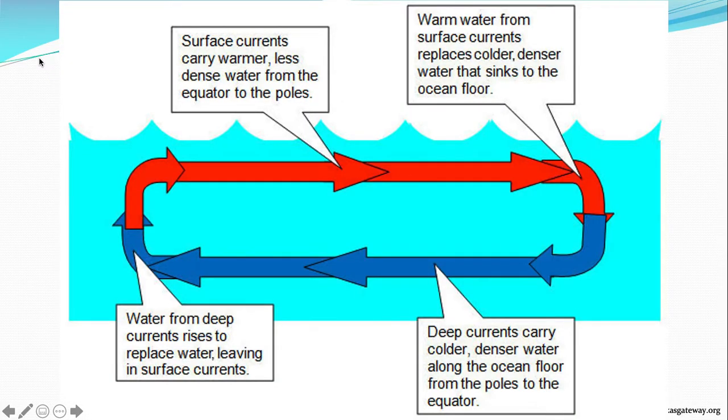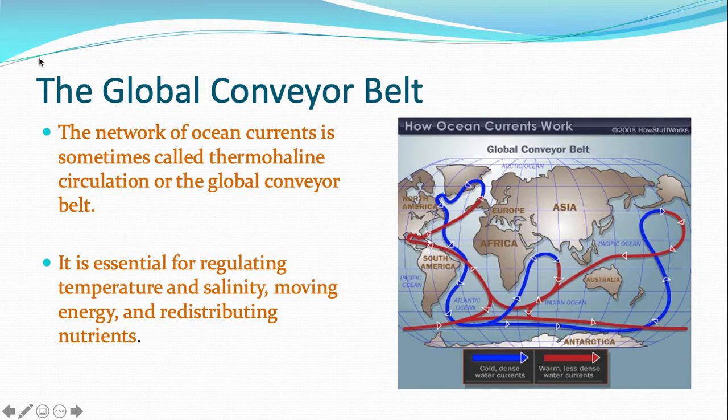Here's a closer look. Surface currents tend to be warmer. Deep currents carry colder, denser water. The network of ocean currents is sometimes called thermohaline circulation or the global conveyor belt. Thermo for temperature and haline for salt.